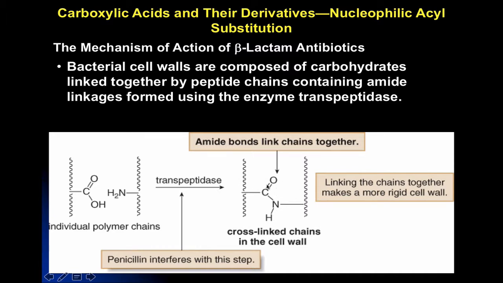But what penicillin does is it interferes at this transpeptidase step, and it keeps transpeptidase from doing its chemistry. And if a bacteria has, of course, a weak cell wall, it is then very susceptible to being destroyed or killed by the immune system. And so that's how penicillin works. It works by weakening the cell wall of a bacteria.